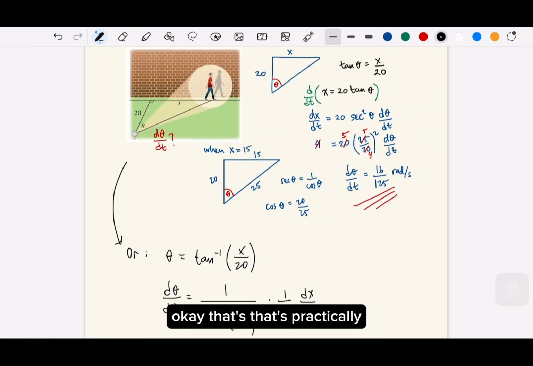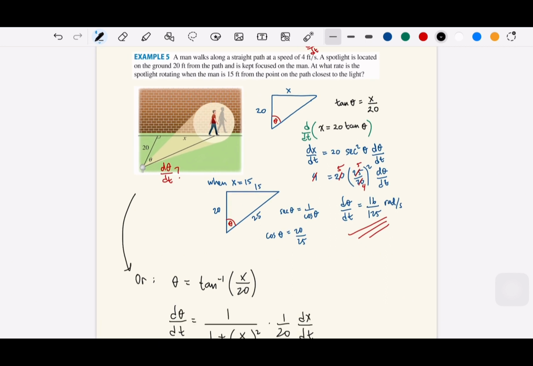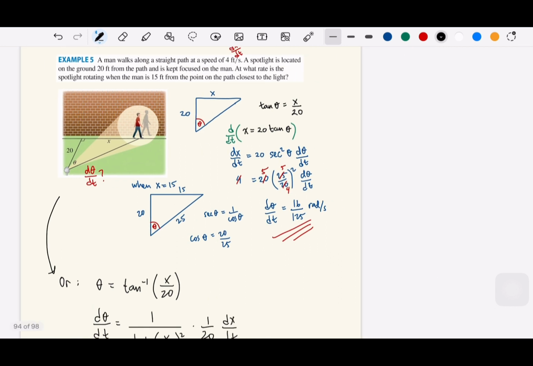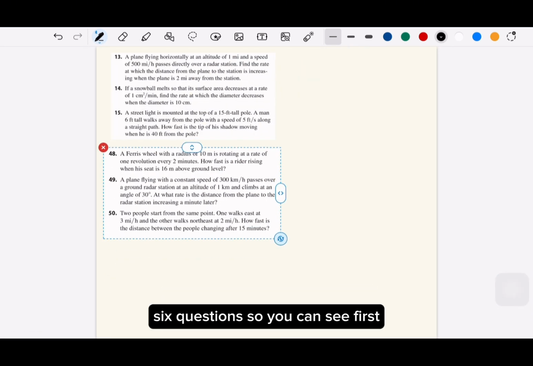Okay, that's practically 5 examples that you will mostly have. I prepared some questions here for related rates. For example, this one we have 6 questions.